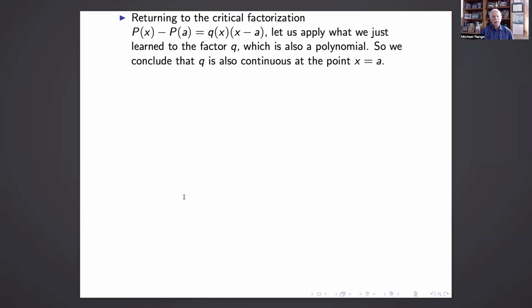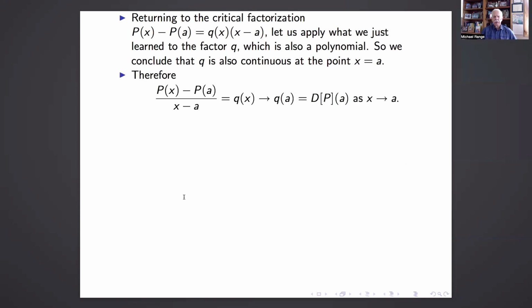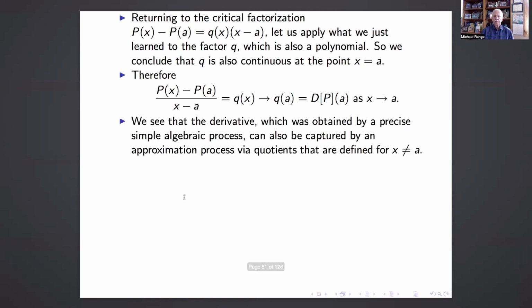Returning to the critical factorization, let us apply what we just learned to the factor q, which is also a polynomial. So we conclude that q is also continuous at the point x equals a. Therefore, p of x minus p of a over x minus a, which is equal to q of x as long as x is different from a, approaches q of a, which is the derivative of the polynomial at the point a, as x goes to a.